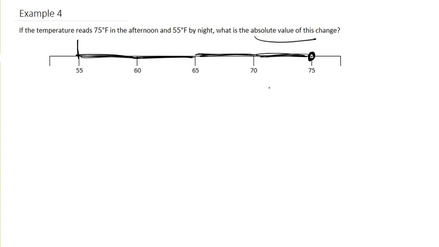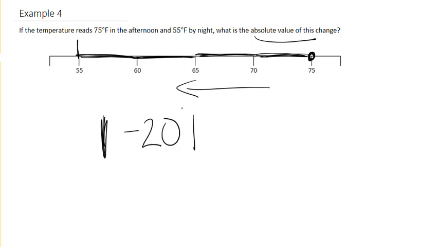So if we're going to the left, then that means we're going negative, because we're becoming less positive. So we're going to put in the absolute value sign, -20. And anything inside these absolute value signs then just becomes positive 20. Absolute value is just concerned about the distance traveled, and it is always positive. So this is just positive 20.